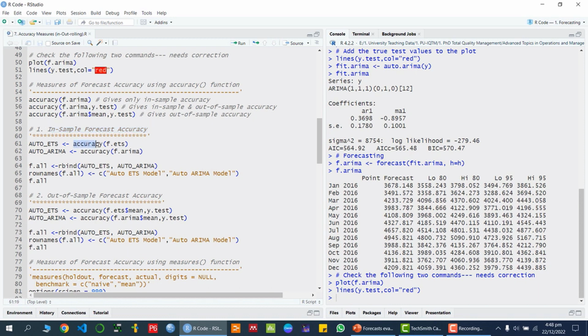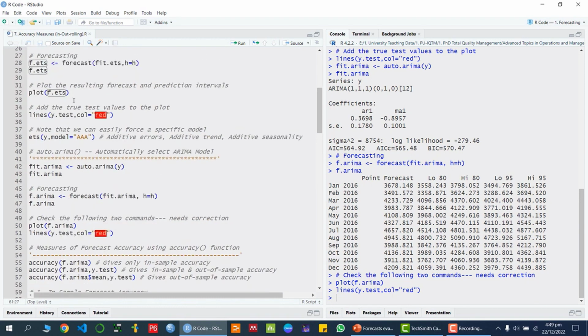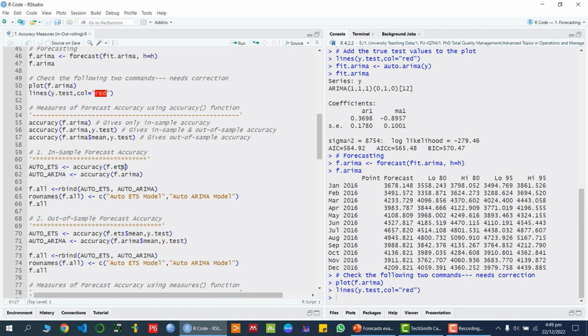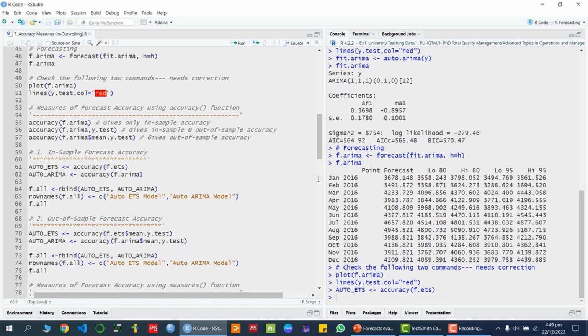So I'm using the function called accuracy from the forecast package. Okay, so I am saying accuracy and then the name of the variable in which we have the fitted model, which is f.ets, that is the exponential smoothing model. Okay, so this variable has the prediction values.